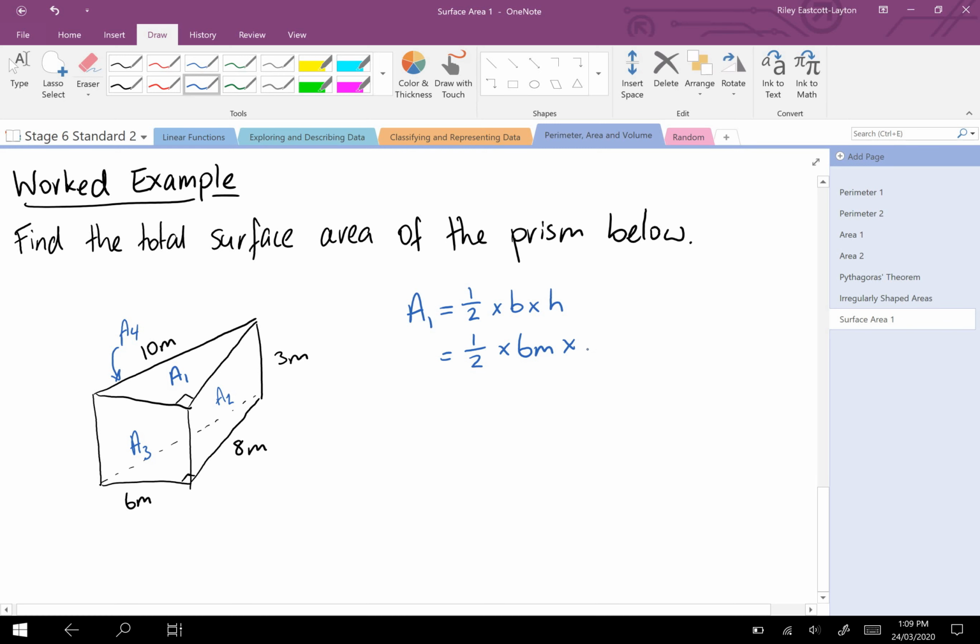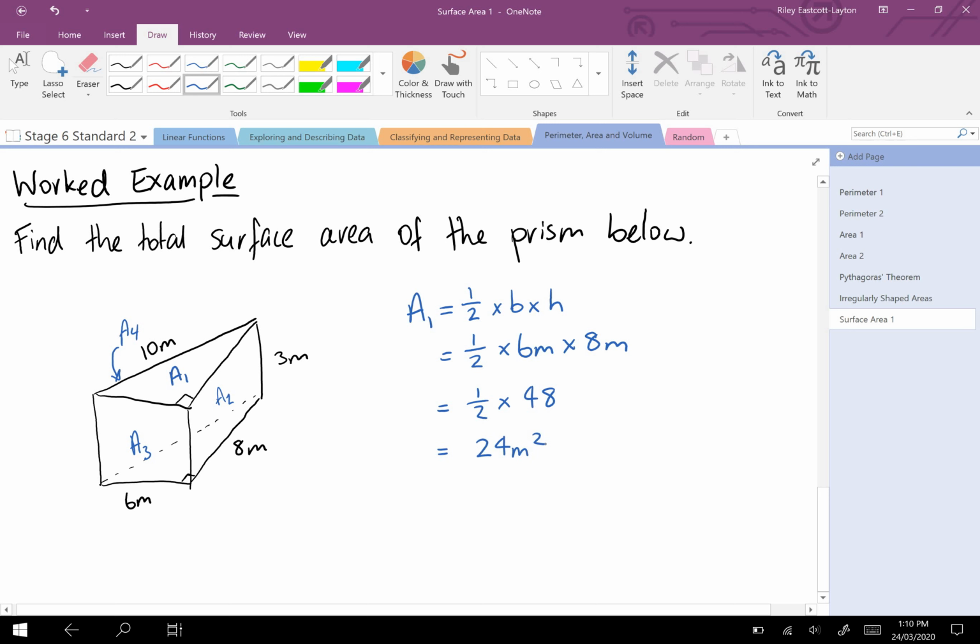No, 8 meters. So for this up here, we're using this here and this here. So we've got 6 times 8 is 48. And a half of 48 is 24 meters squared.